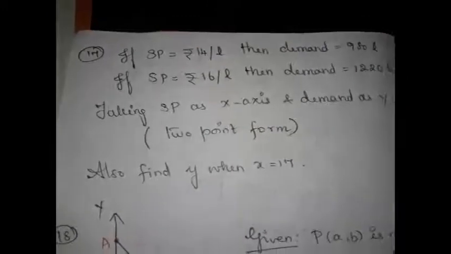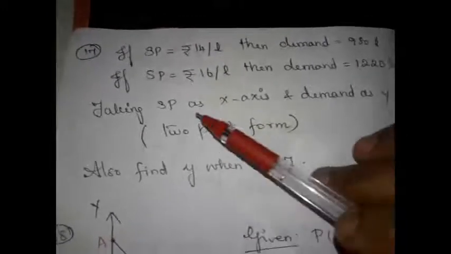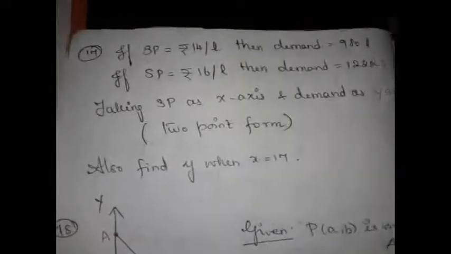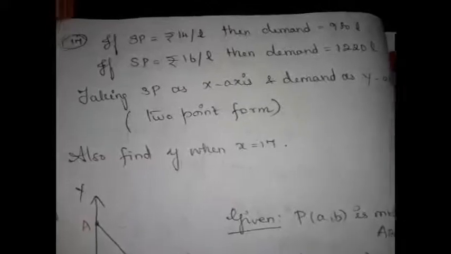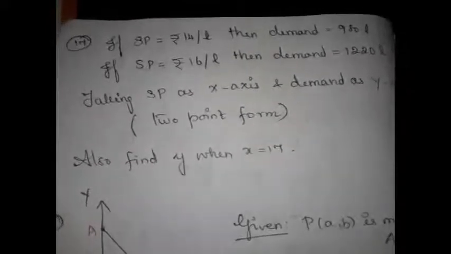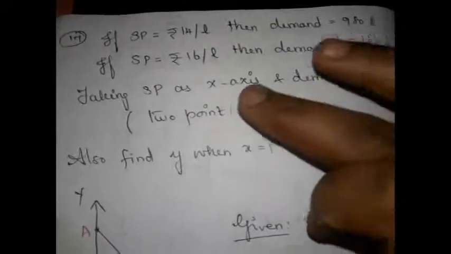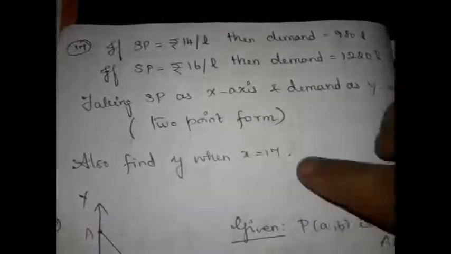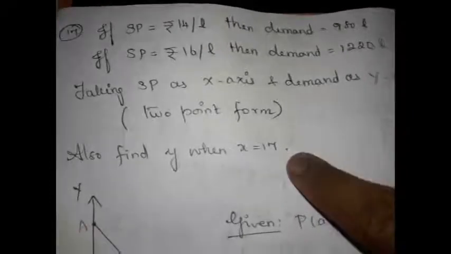Assuming a linear relationship between selling price and demand, how many liters could he sell weekly at rupees 17 per liter? So only if we know the linear relationship between the selling price and demand, we can find how much he can sell when he is selling at rupees 17 per liter.